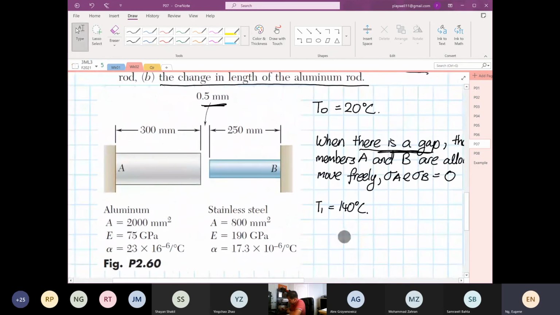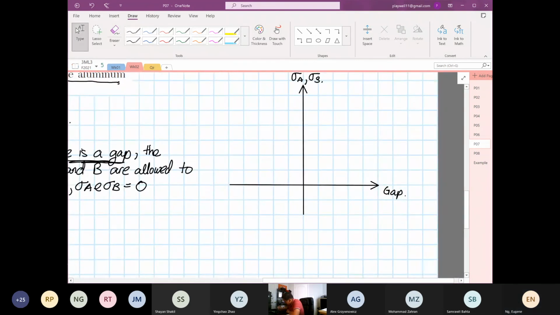Over here is 0 gap, then 0.1, 0.2, 0.3, 0.4, and then 0.5. When there's a gap, there are no stresses.